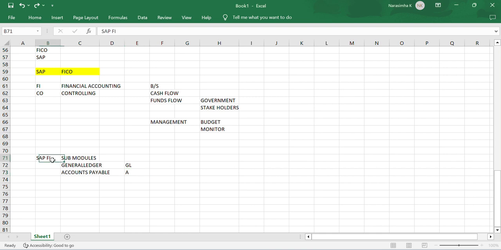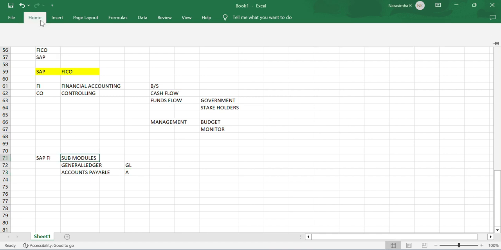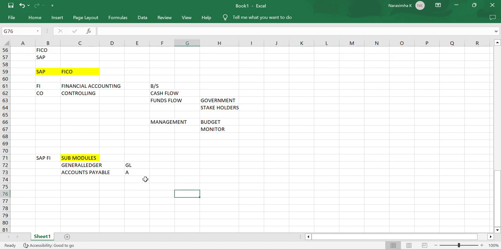Coming to FI, what are the submodules under FI? General ledger, which will be shown as GL, accounts payable, AP, accounts receivable, AR, bank accounting, BL, asset accounting, AA.